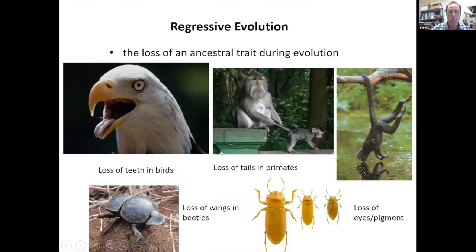Okay, the topic of my talk is regressive evolution, and this is the loss of ancestral traits during evolution, and it comes in many different forms, from loss of teeth in birds, wings in many different insect species, tails in primates, but also the loss of eyes and pigment in subterranean animals.